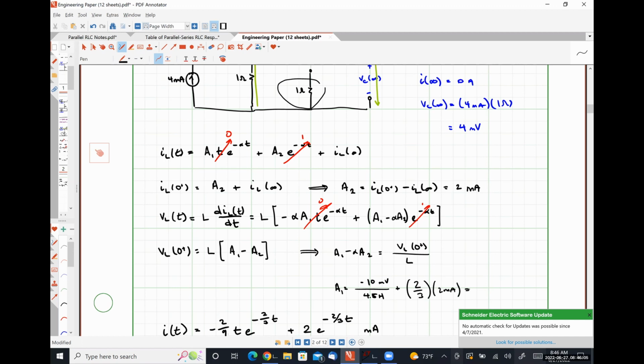All right, let's try this again. Negative 10 times 10 to the minus 3 over 4.5 plus 2/3 times 2 times 10 to the minus 3.